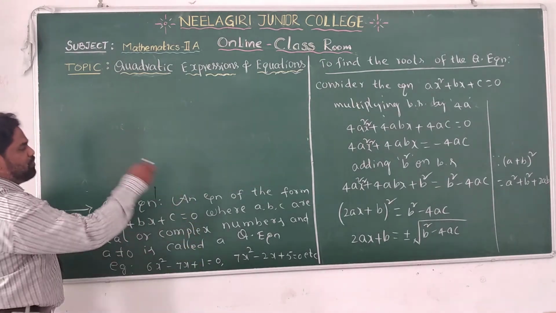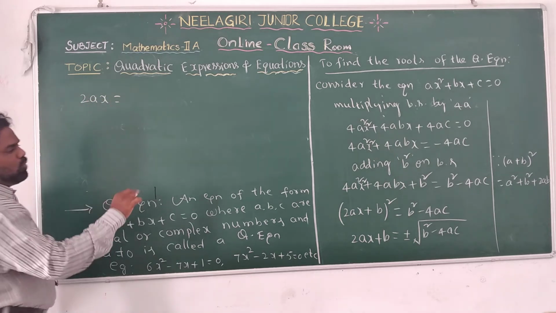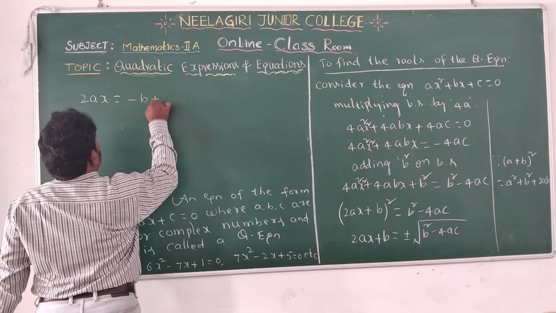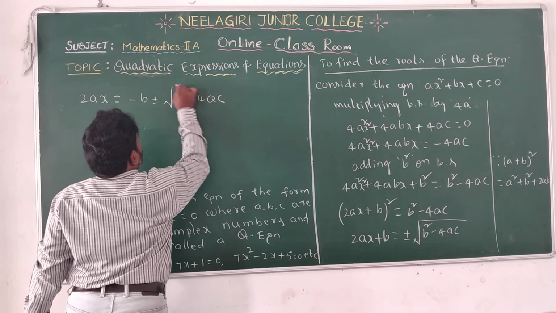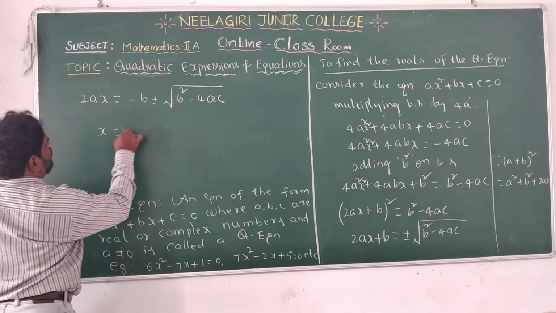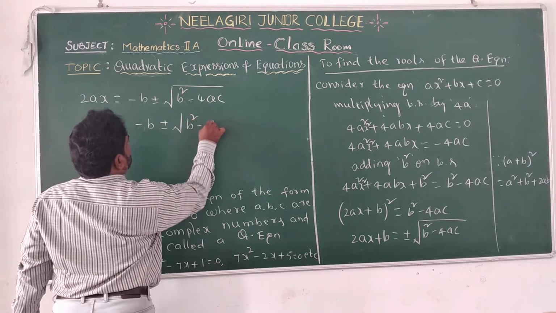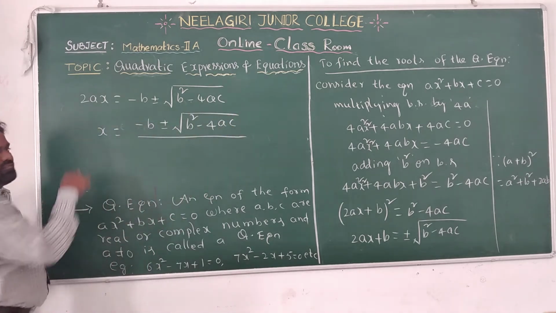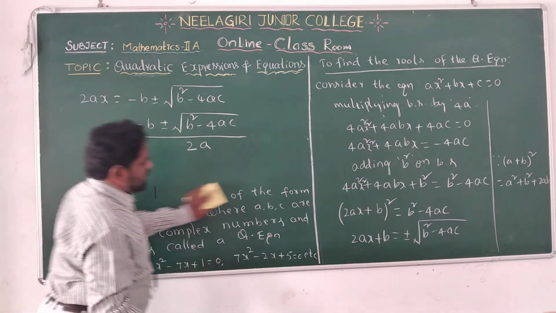These roots can be written as 2ax equal to minus b, transposed to the right side, plus or minus root b square minus 4ac. So x equals minus b plus or minus root b square minus 4ac, with 2a transposed to the right side as the denominator.